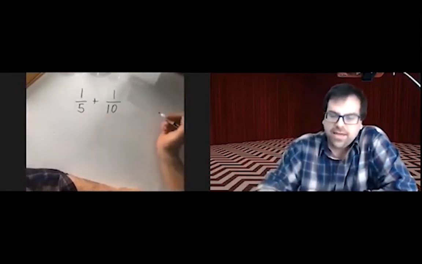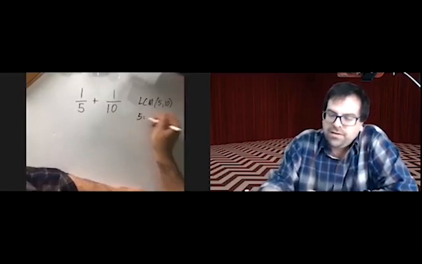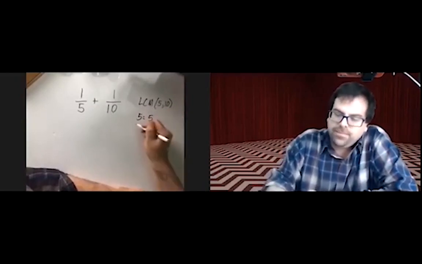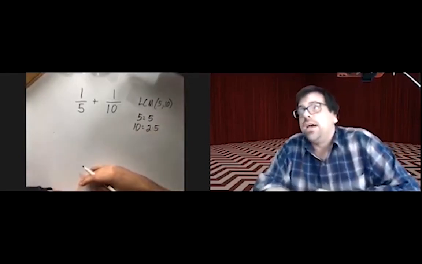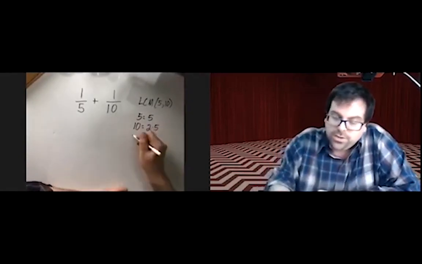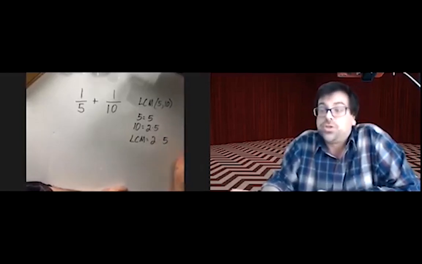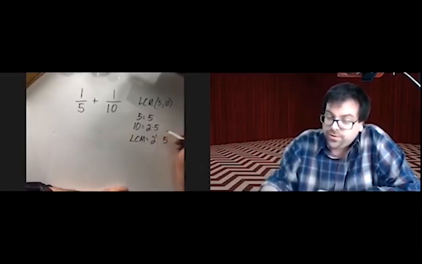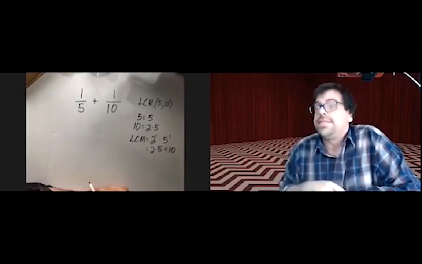So 5 and 10, we need the least common multiple. 5 is just 5. 10, prime factorization would be 2 times 5. So the least common multiple is every base, 2 and 5, to the highest shown power, 2 to the first, 5 to the first. So it's just 2 times 5, which is 10.